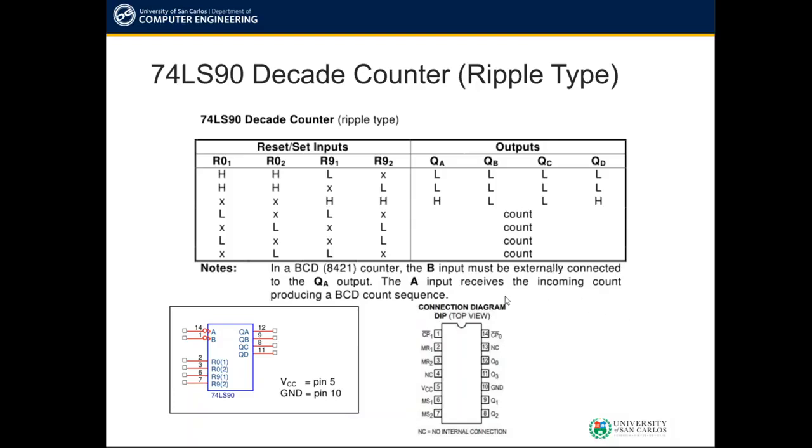Basically what it does here, it counts up. Pins 5 and 10 are your VCC and ground. And then pins 4 and 13 are no connection, so they don't have any connections. You can leave that one as is.